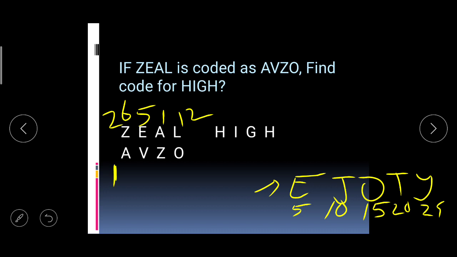A is 1. V is near to which letter? T. T, U, V. T is 20, U is 21, and V is 22. Z is 26, and O is, we know, 15.